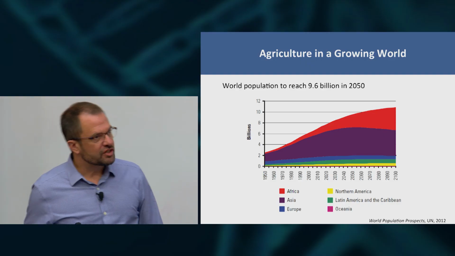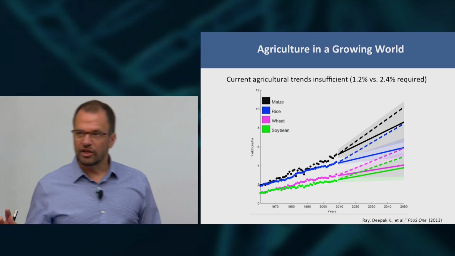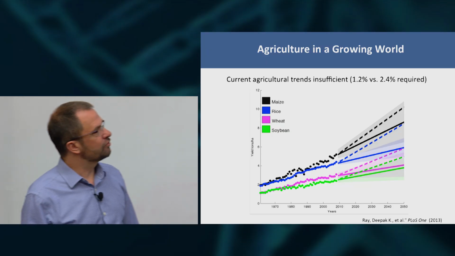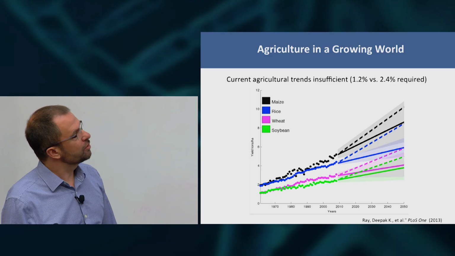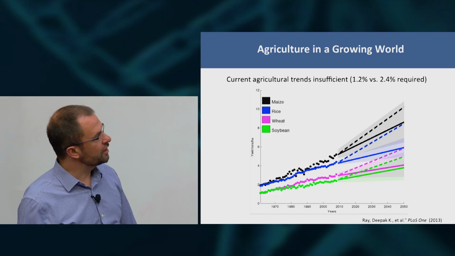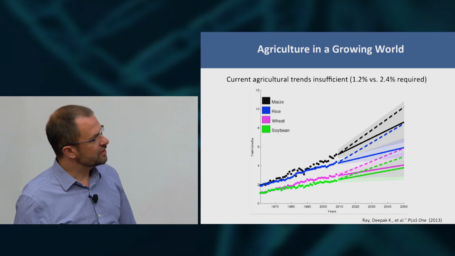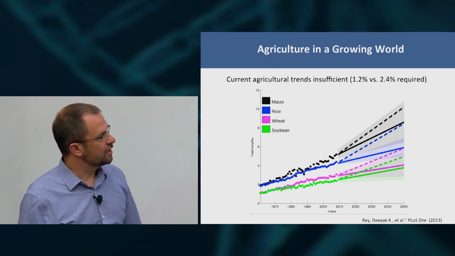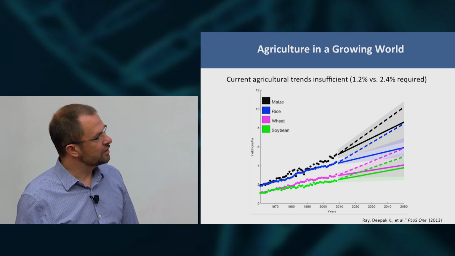I'm an optimist, and plant agriculture has really been very good at keeping up with the increasing demand for food. This slide shows increases in productivity in maize, rice, wheat, and soybean, some of the world's major commodity crops. Through traditional genetics and more recently through biotechnology, we see an increasing improvement in crop yields.